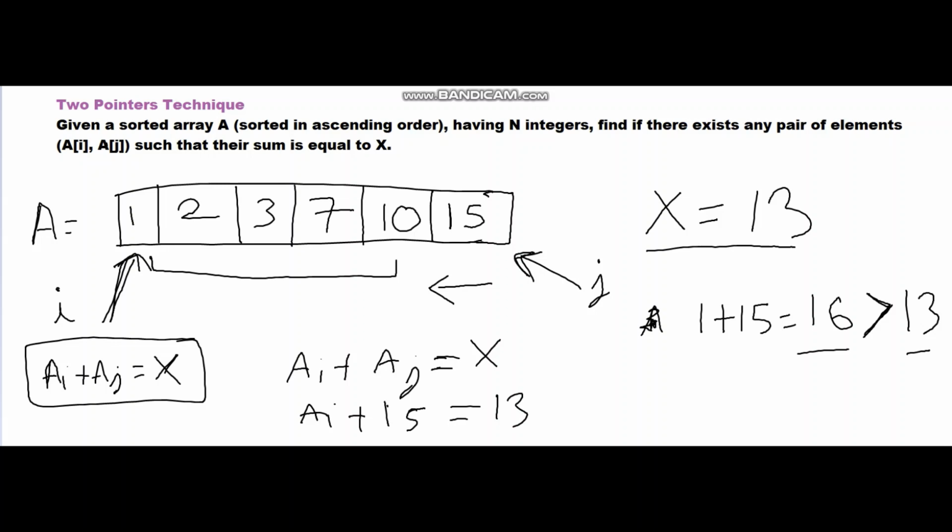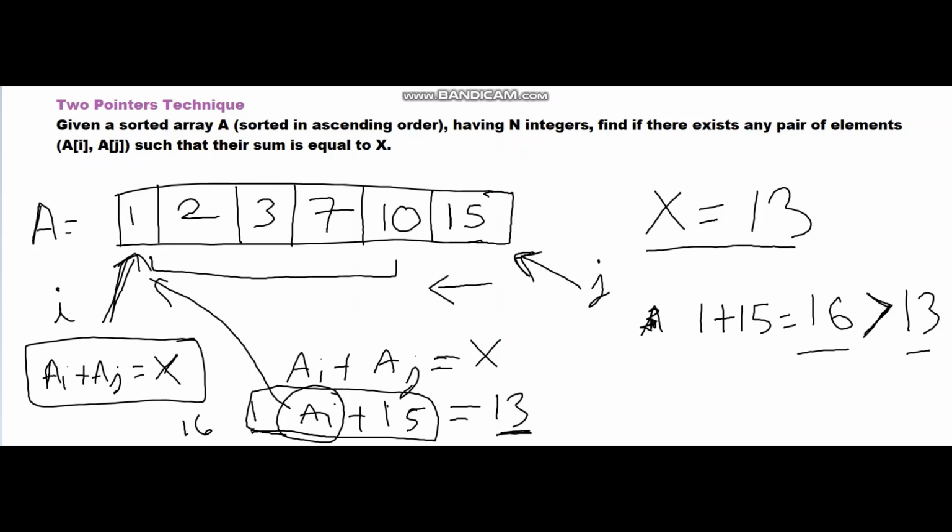When we keep ai as the smallest element, that is 1, this itself gives 16, which is greater than 13.